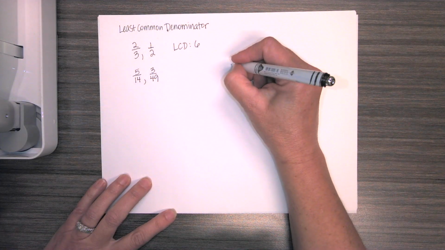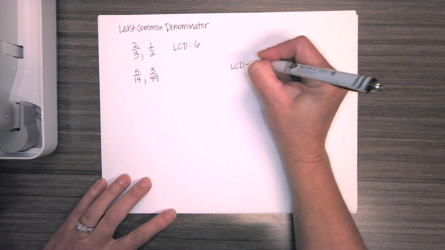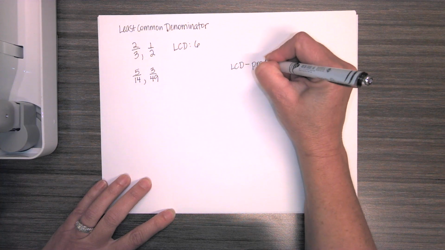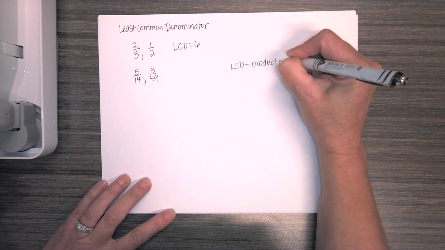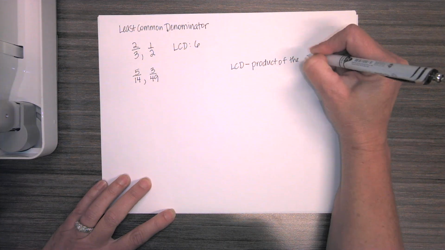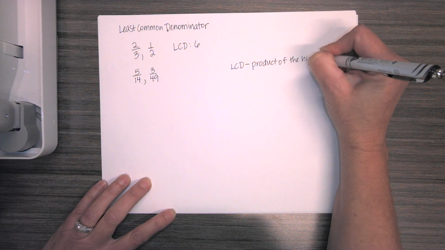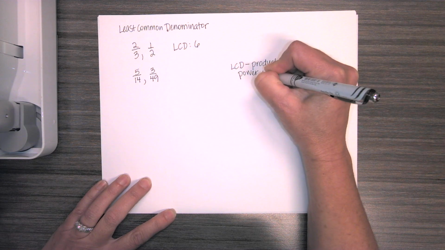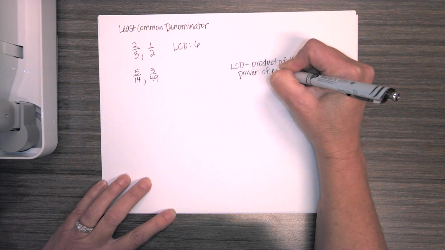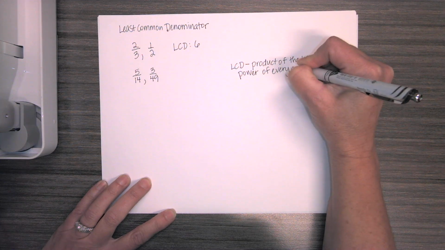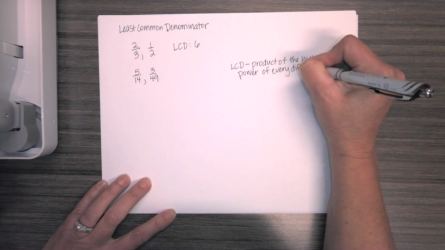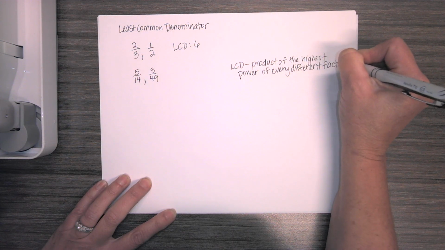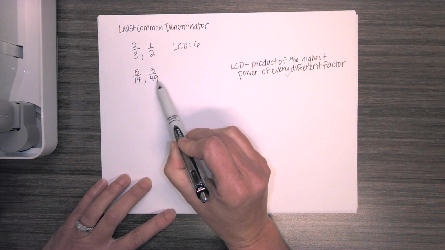To find the least common denominator, you can get the product of the highest power of every different factor that you see in the denominators.